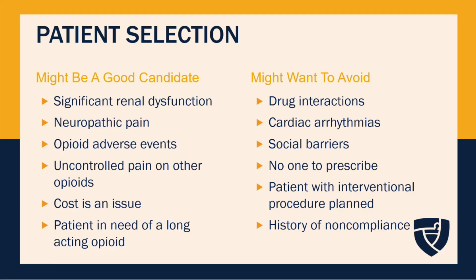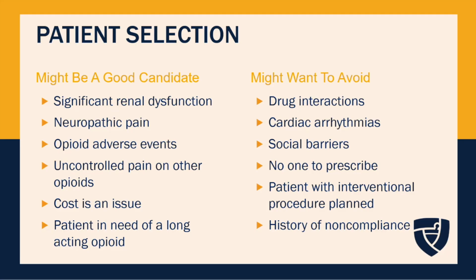However, we may want to avoid it in patients where those CYP drug interactions might make methadone levels unknown. So you may want to avoid it if there are listed drug interactions out there. Those with existing cardiac arrhythmias, the risk still may outweigh the benefit, even though there really isn't strong literature to support increased risk of arrhythmias.